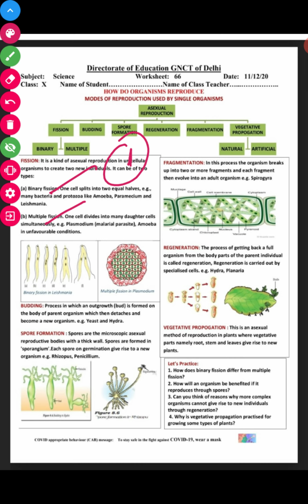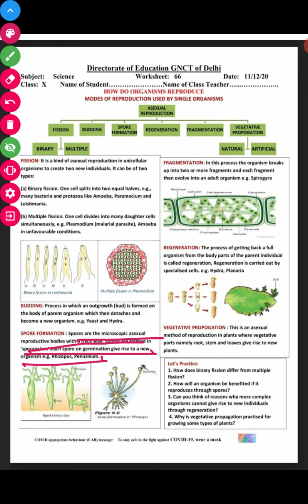Next question: how will an organism be benefited if it reproduces from spores? See, these spores protect their cell, and whenever they get suitable conditions, they start germinating.